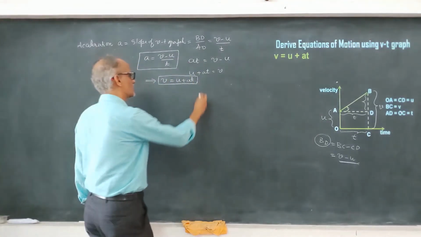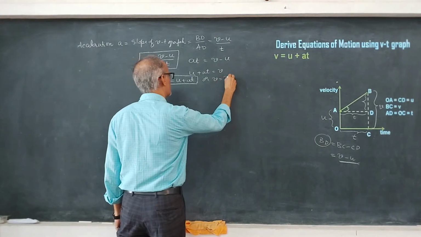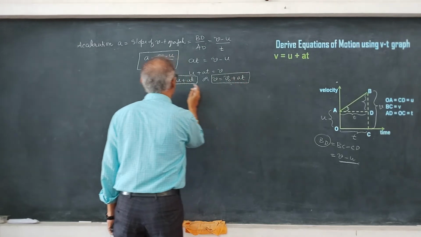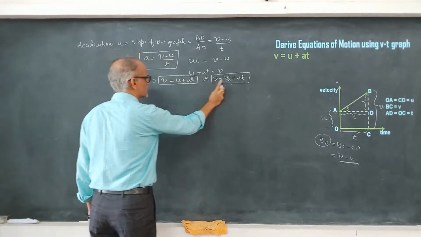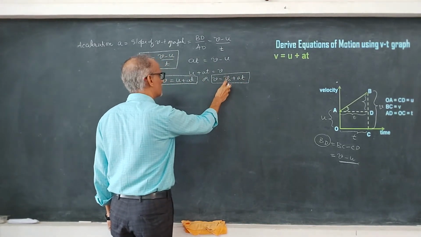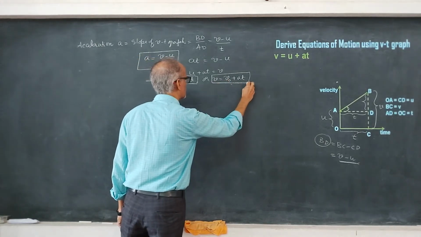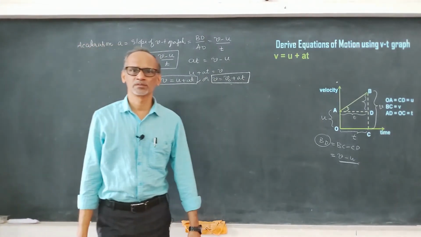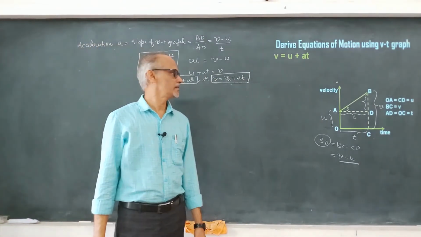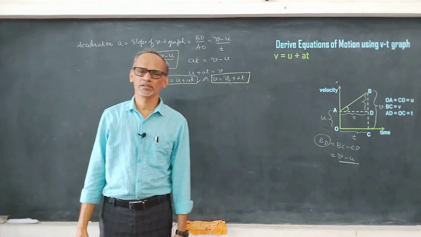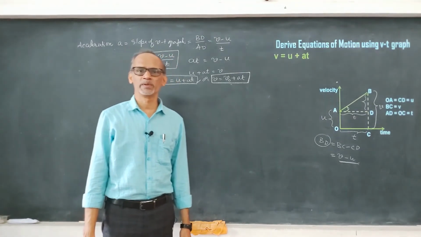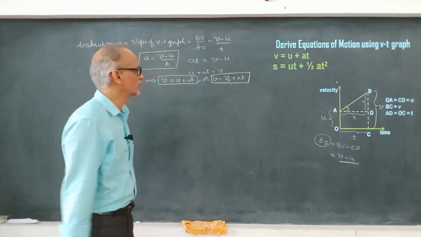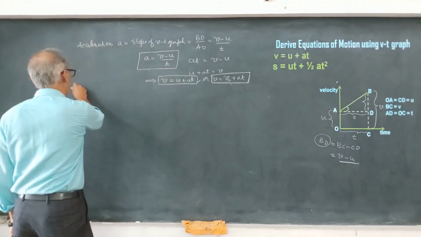Sometimes they will give it as v is equal to v naught plus at, where instead of u they use the symbol v naught. V naught stands for initial velocity only. Therefore, even if they ask a question like this, you derive the same. Understood this? So this is a derivation using the VT graph. We have proved v is equal to u plus at. Let us derive one more equation, that is s is equal to ut plus half at square.